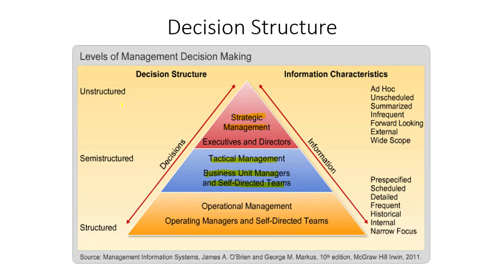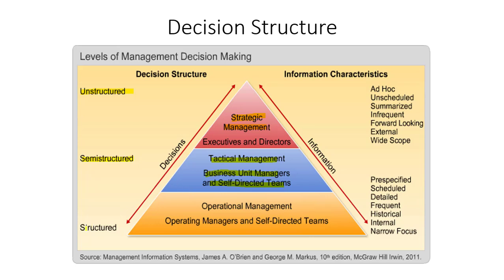So in the strategic management, take note of this, that is unstructured, wherein there will be unscheduled summaries, infrequent meetings, forward-looking, external, and a wide scope. It means they set the strategic direction of the organization. At the middle, that is semi-structured.